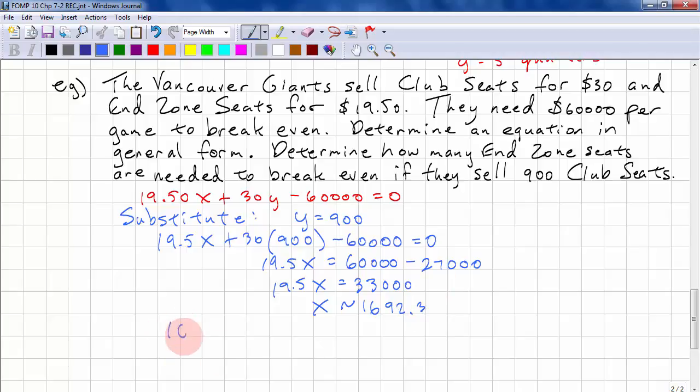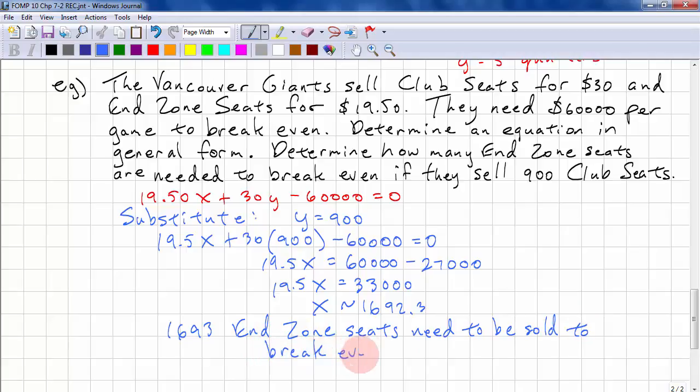So this is 1693 end zone seats that need to be sold to break even. And that completes this lesson.